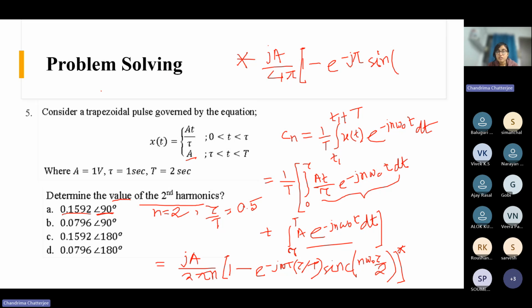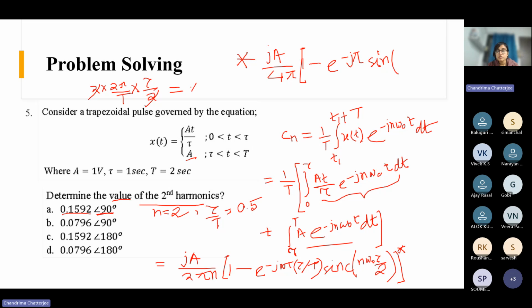Now n is equal to 2, omega naught is 2 pi by T. Omega naught is the angular frequency of the fundamental. So 2 pi by T and tau by 2. This 2 gets cancelled, and tau by T is again half.